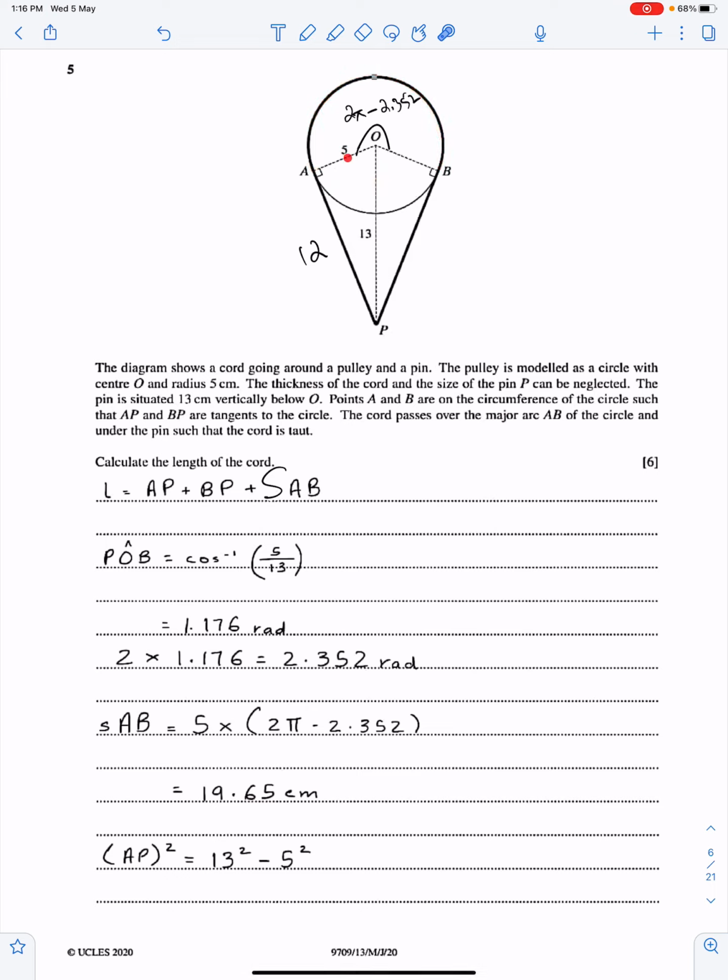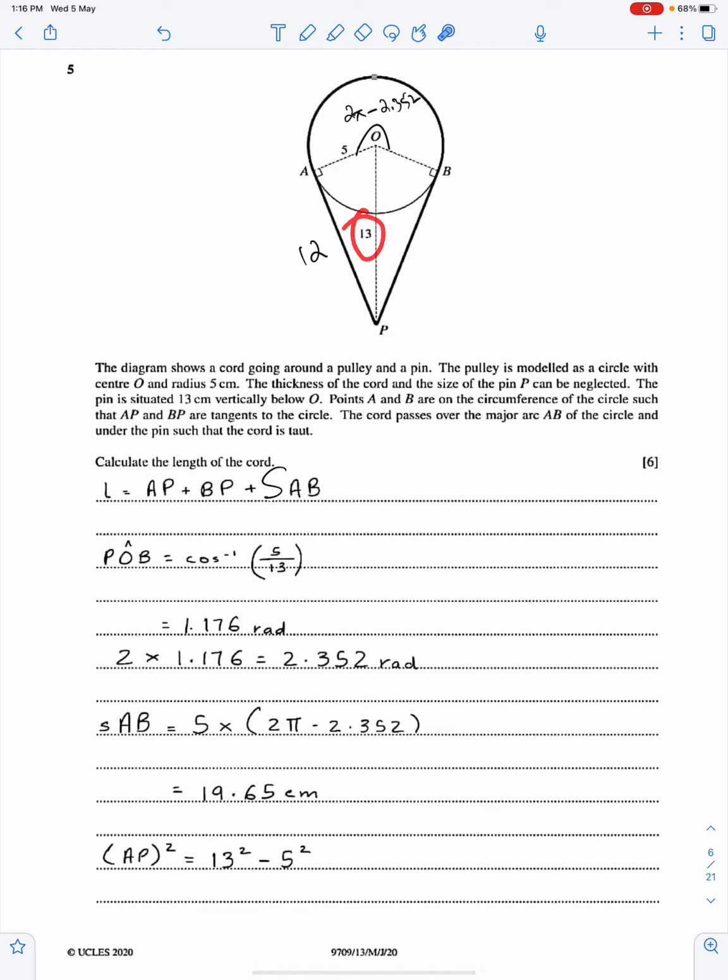And we can easily get this angle by using tan theta or cos theta in this triangle. So by using cos theta in this triangle, we can have the angle.